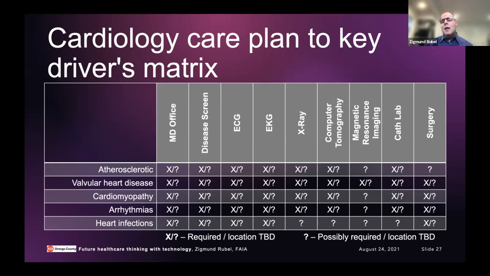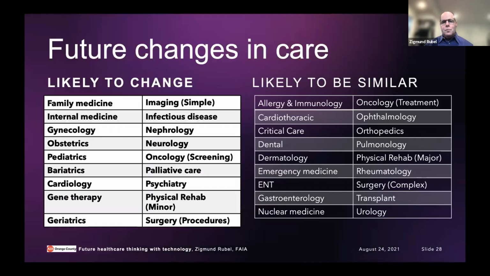Do you really need that, or do you foresee not needing that in the future? And these are the specialties that will likely change. So family medicine, internal medicine, gynecology, obstetrics, pediatrics, bariatrics, oncology screening, nephrology, infectious disease, minor physical rehab, and procedural surgery. There's a whole bunch that likely will not change.